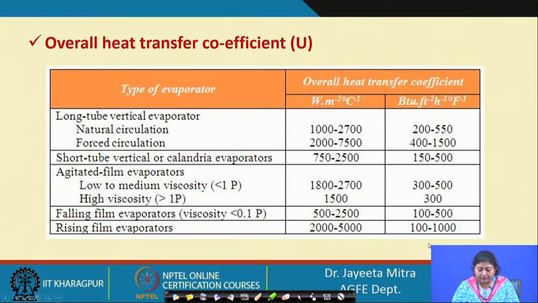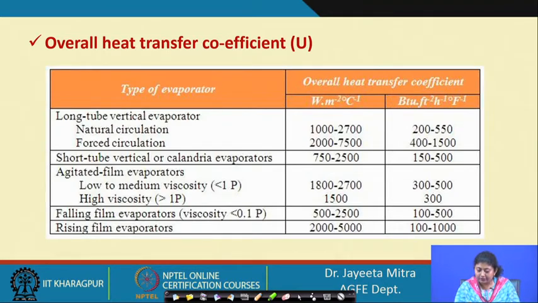So, we will now see a few typical values of overall heat transfer coefficient. You may get them in the books also. We will see that for a long tube vertical evaporator with natural circulation, that is the liquid coming by natural gravitational flow, we are not using any pump over there.